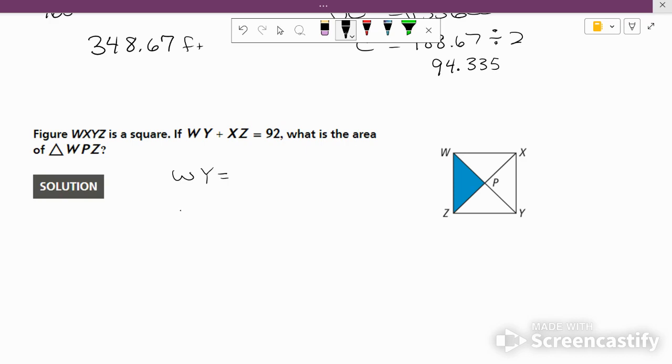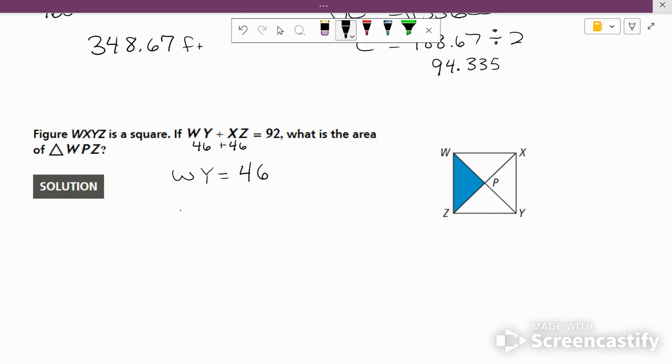So if these two are the same, you have two of the same equal 92, so one of them should equal how much? 46. WY is 46 and XZ is 46 to make 92 because they're each 46 because they're the whole length.